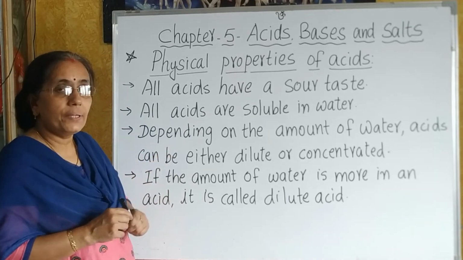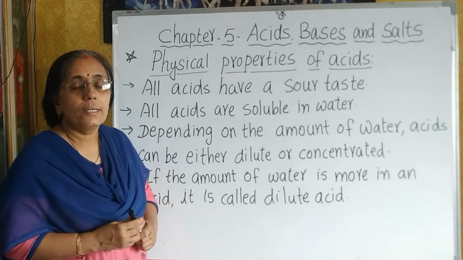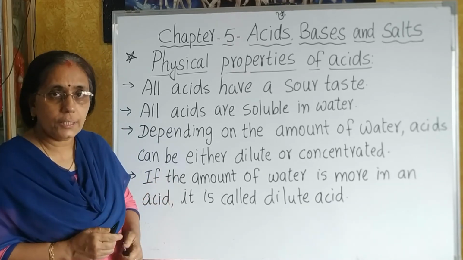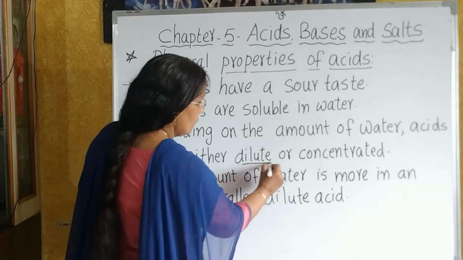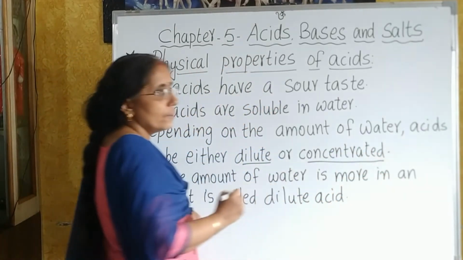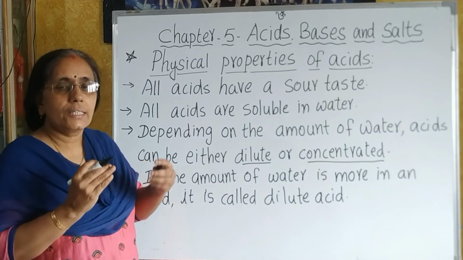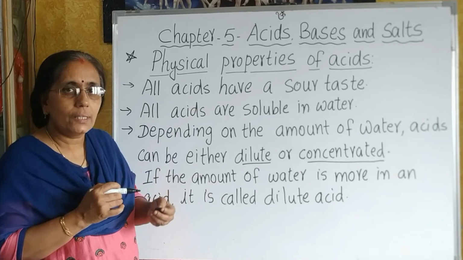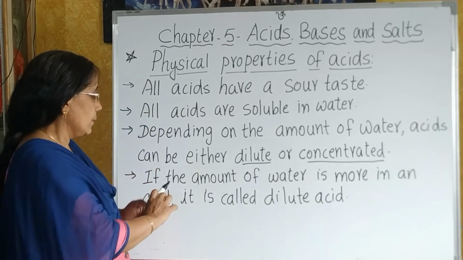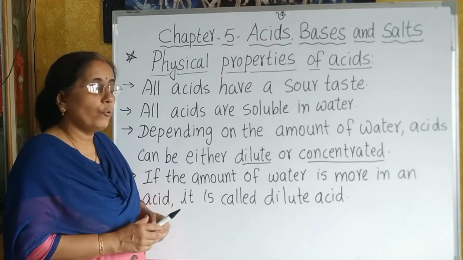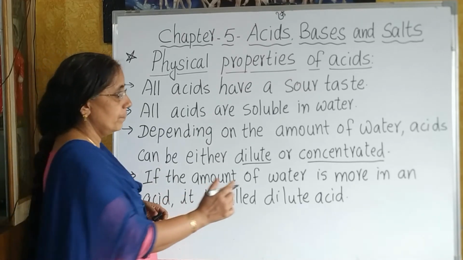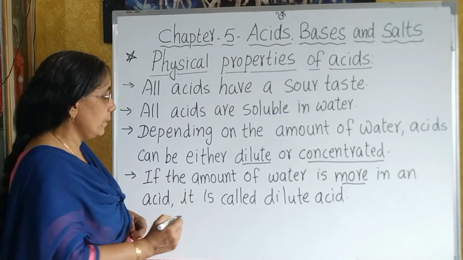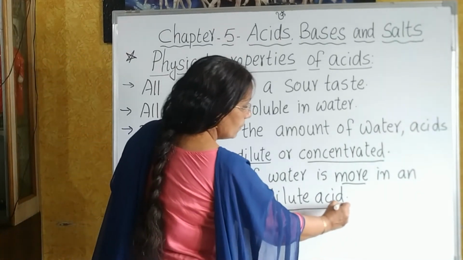Next, depending on the amount of water, the acids can be either dilute or concentrated. If an acid is said to be dilute, then what will be the condition of the water present in it? It must be more. That is, if the amount of water is more in an acid, it is said to be dilute acid.